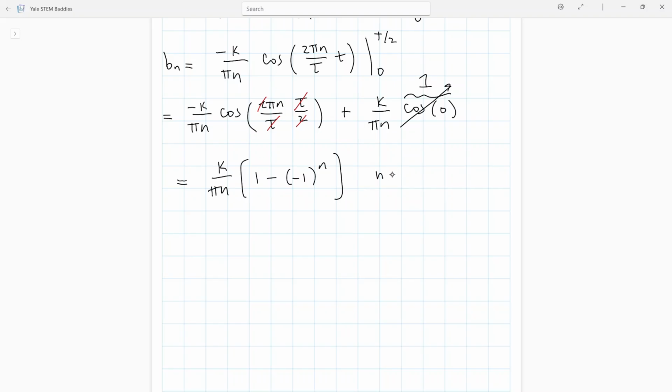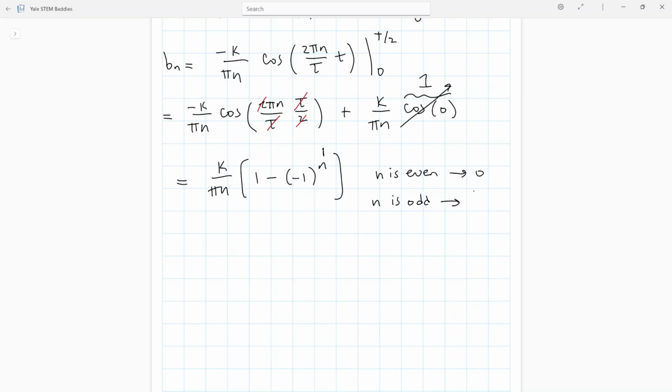If n is even, like 0, then when you plug in an even number for n, this is just going to equal 0, right? Because it's going to be like 1 minus 1. But if n is odd, like 1, then if we plug in 1 for n, this negative sign here can pass through the odd exponents.